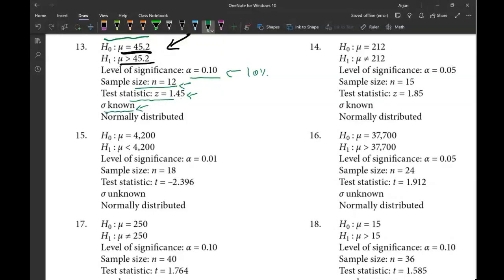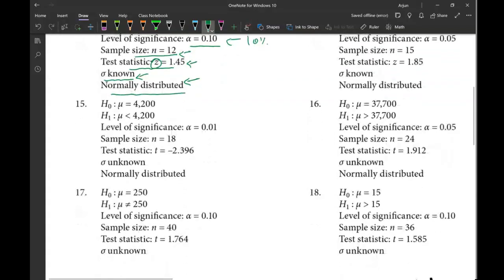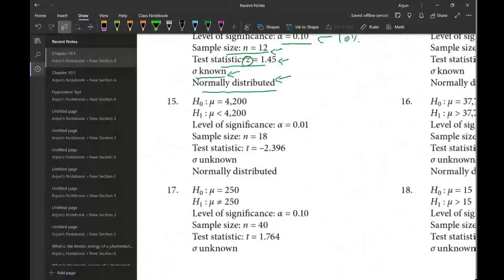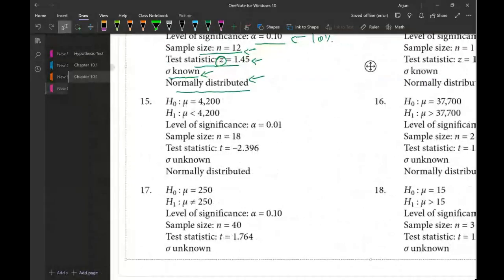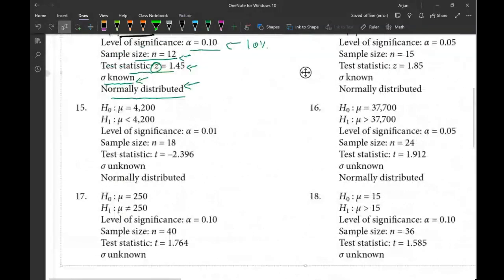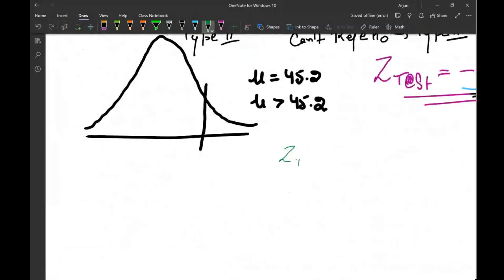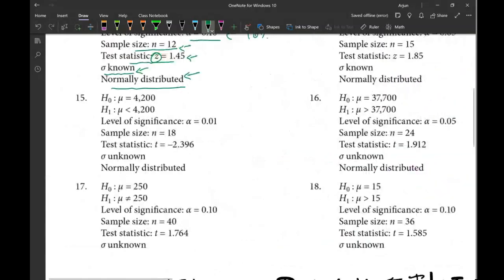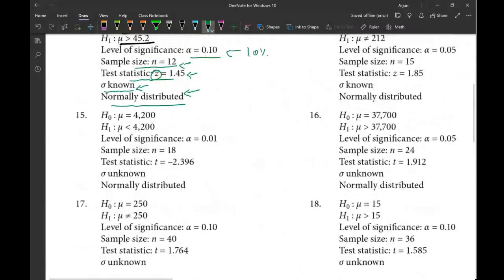Sigma is known, and because sigma is known, that's why I'm using the z distribution. On top of that, it is normally distributed too. So let's do this question. Okay, so z-test is equal to 1.45, and that's pretty much it.